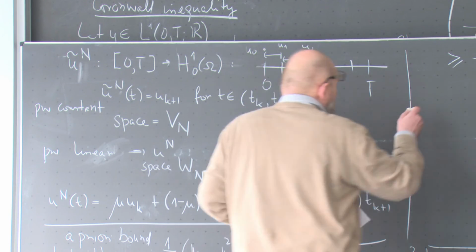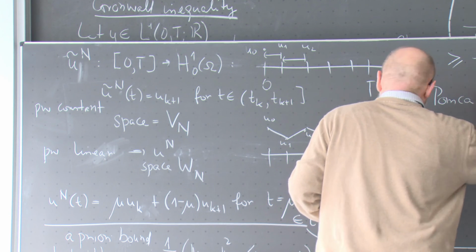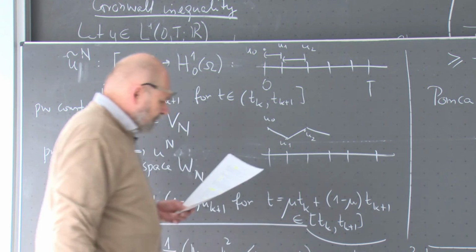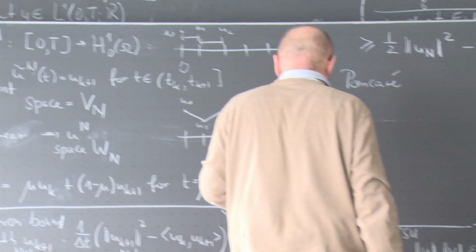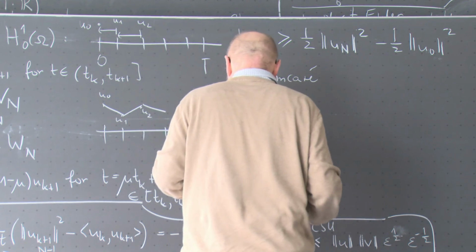If we now apply Poincaré, Poincaré tells us we not only can control the gradient, we control the full H1 norm. So with Poincaré, we have something like, let me write it in the following form.